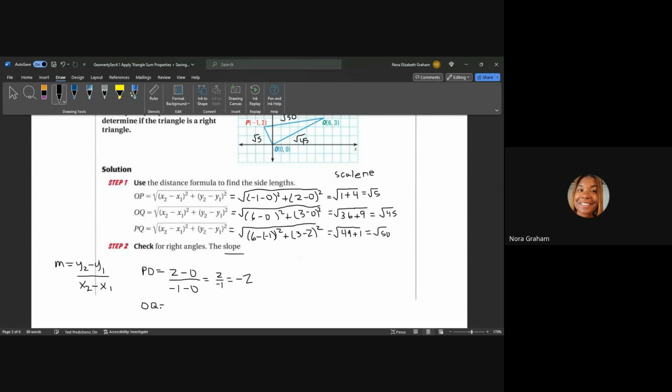Okay. So for this one, I'll pick this one as my x sub 1, y sub 1, x sub 2, y sub 2. So 3 minus 0 over 6 minus 0. That's going to give me 3 over 6. 3 over 6 reduces down to 1 over 2.